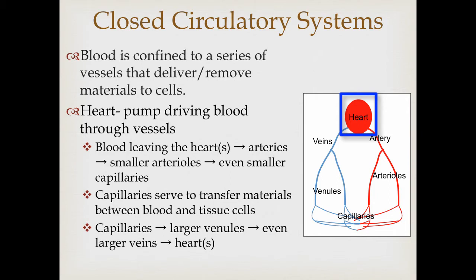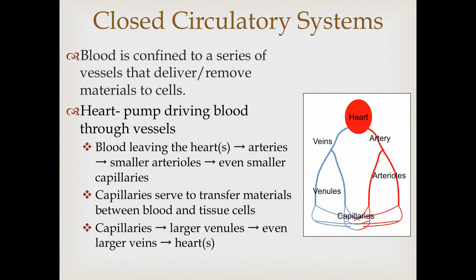Now, the vessels have different names. Blood leaving the heart is called an artery. Arteries break up into smaller arterioles that then break up even smaller into capillary beds. And it's at the capillary beds where the system technically is open, because the blood is then just infused with the cells where the transfer takes place.